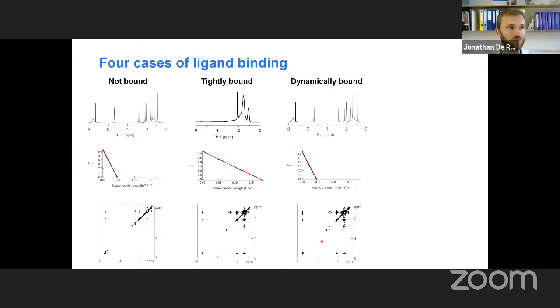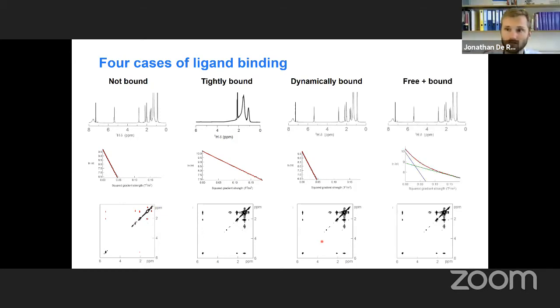Now, how do you see that your dispersions are impure? Well, you start out with sharp peaks in the 1D spectrum. This is a bit of a caricature because I'm using the same spectrum for all these. In principle, when you see free plus bound, you can still see a broad peak plus a sharp peak on top. But if you have a lot of free ligand, you're actually going to see something like this.